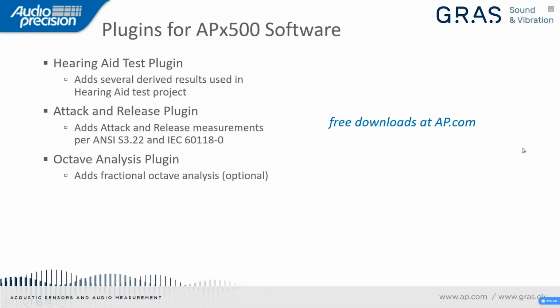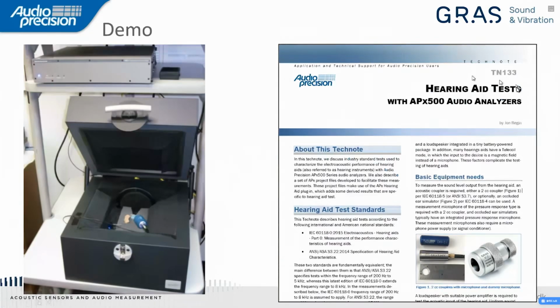So let's go ahead and do the demonstration. Today, I'm basically following what's laid out in tech note number 133. This tech note describes the tests that we're doing in more detail. Download it and read it at your leisure. We also provide a series of project files for the APX 511 as well as other audio analyzers in our platform.